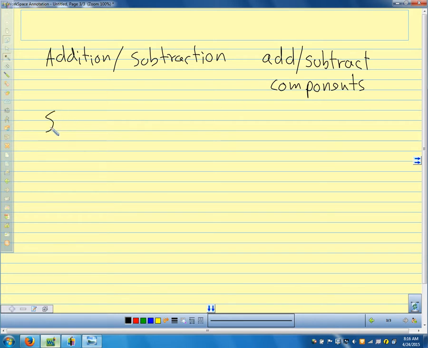Scalar multiplication. Do you remember what we meant when we're talking about vectors when we say something is a scalar? What's a scalar? Just a real number.